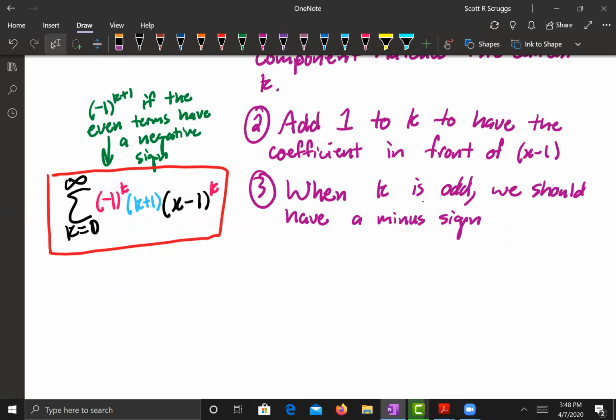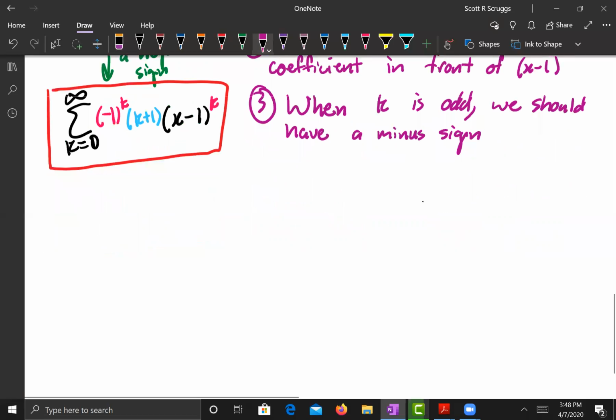But I'm not done yet, because just like with power series, I want to know the radius and the interval of convergence for this guy. And so let's find that guy.